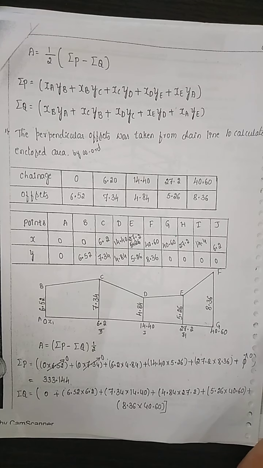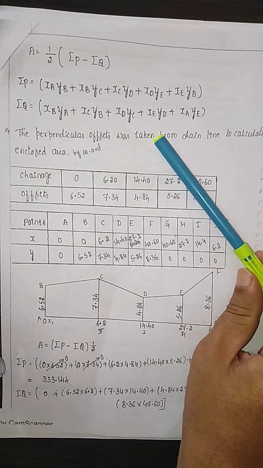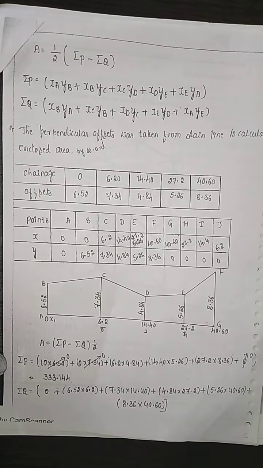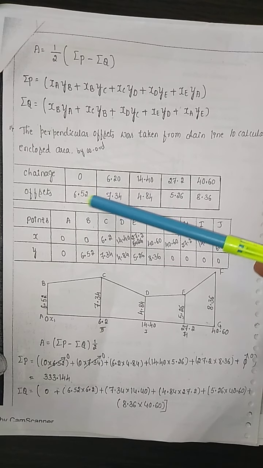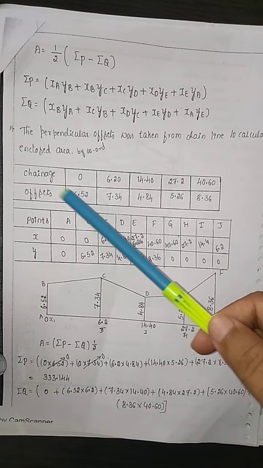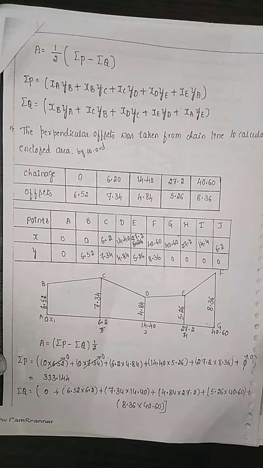Now we are going to solve a problem based upon the area by coordinate method. The perpendicular offsets were taken from a chain line to calculate the enclosed area by coordinates. They have given the chainages: 0, 6.2, 14.4, 17, 27.2 and 40.6. The offsets they have given are 6.52, 7.34, 4.84, 5.26 and 8.36.